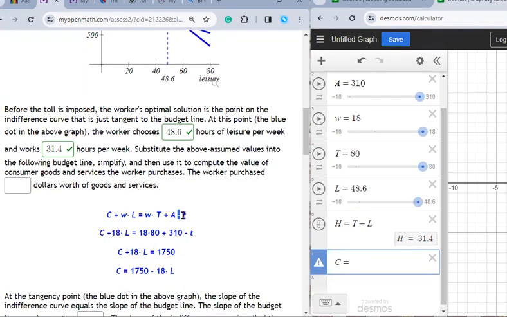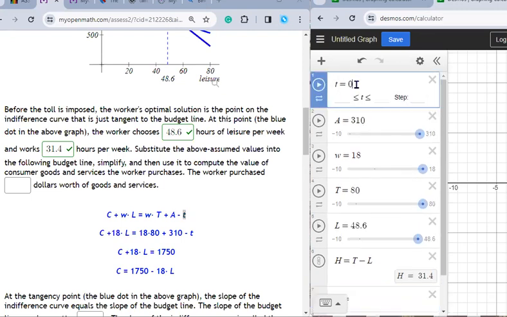I went back and added the equation to add the toll. So the toll here is 0, so the toll initially is 0.